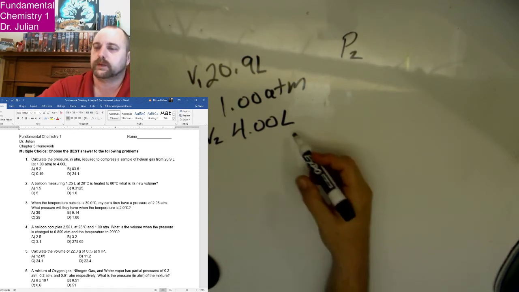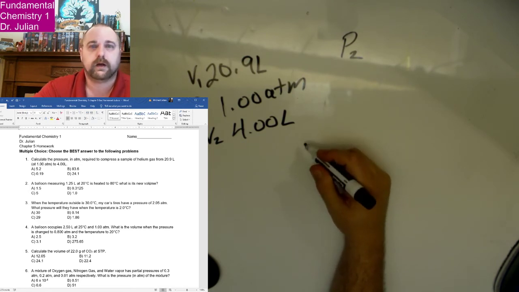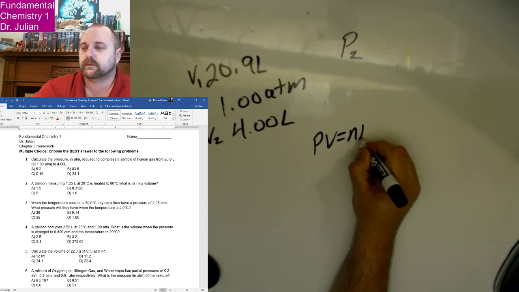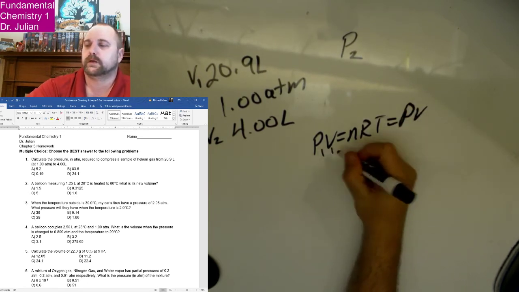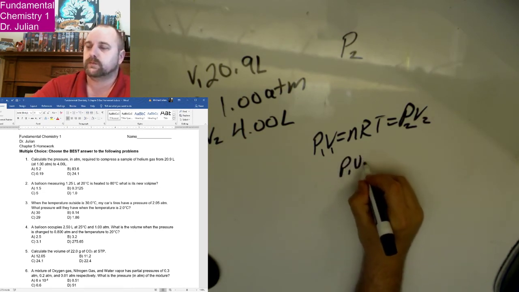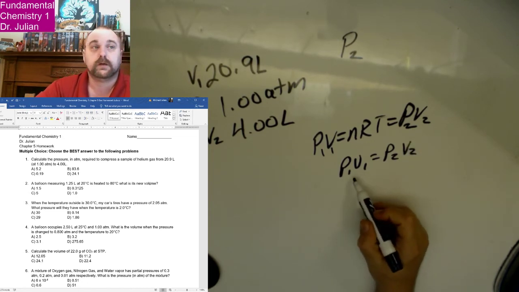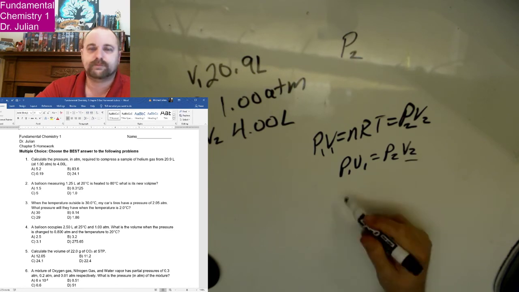Pressure and volume is Boyle's law, but I'm going to derive that real quick. PV, 1s, 2s: P1V1 equals P2V2.